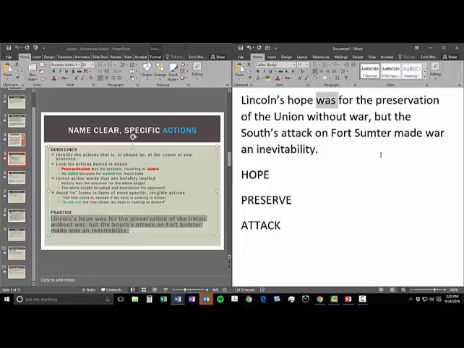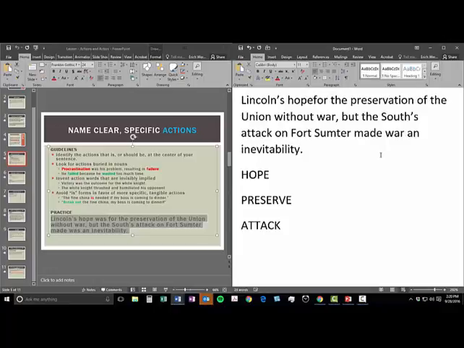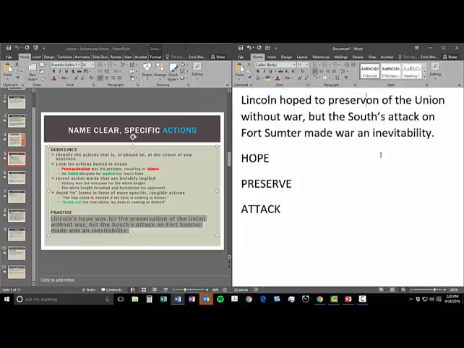So for example, probably the simplest way to do it would be to turn that hope into a verb by saying Lincoln hoped. And maybe we could make this to preserve. And then in the second part, we have to make attack that verb.